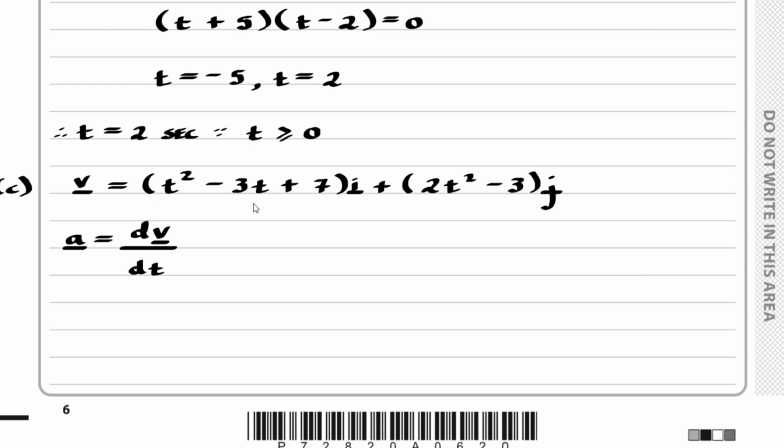If I differentiate in the i direction, we end up with 2t subtract 3. And if I differentiate in the j direction, we end up with 4t. So the acceleration is given by 2t subtract 3 in the i direction plus 4t in the j direction.